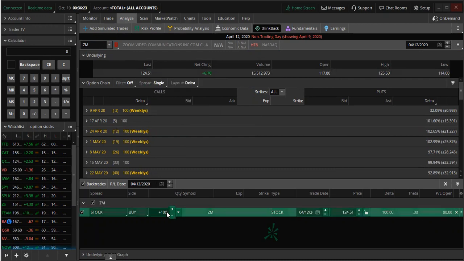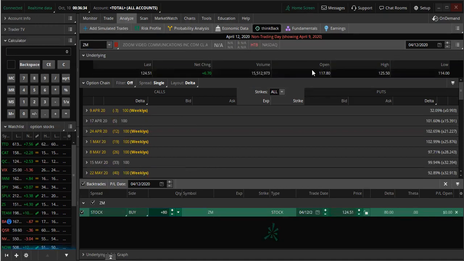So we're going to simulate owning 80 shares of this stock. And then multiply 80 times 125. That would have been your whole $10,000 investment.